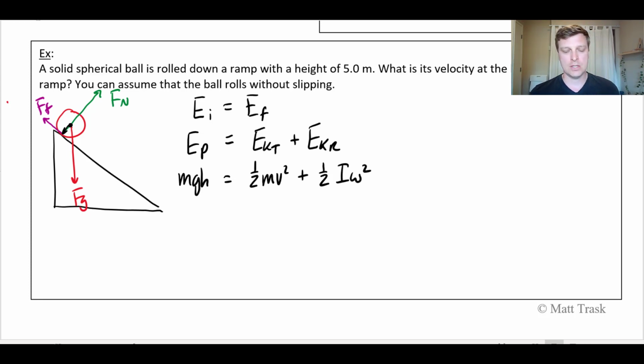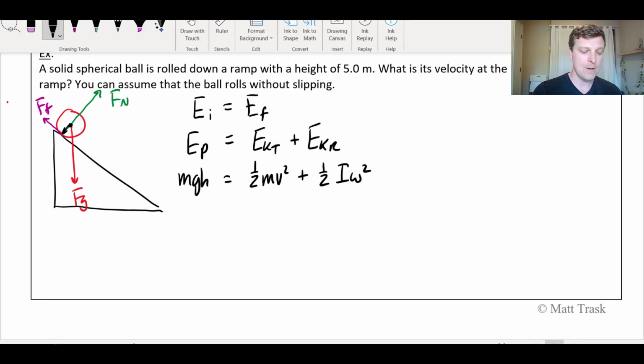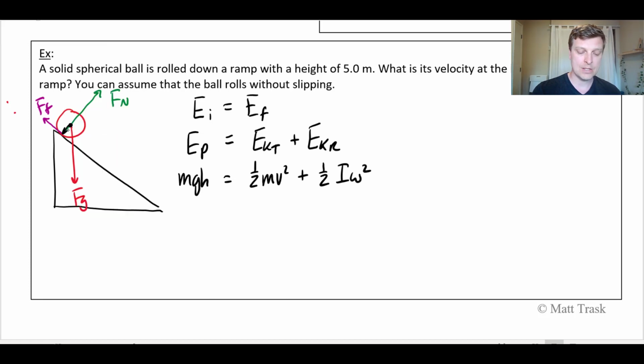Now, a couple things to notice here. First of all, I don't know the radius of the ball, and I also don't know the mass, and so I'm really hoping those things cancel out. And we'll see here in a second, we're going to be in luck. The only thing I know actually is the initial height of the ramp, right? So let's think of a couple things.